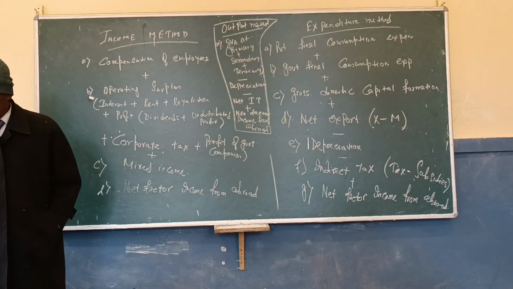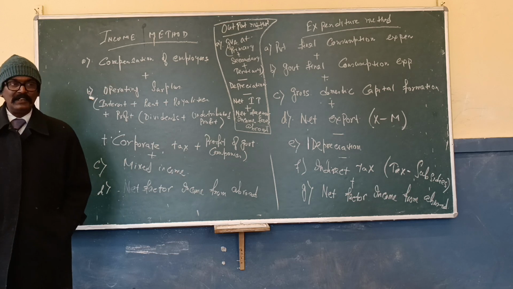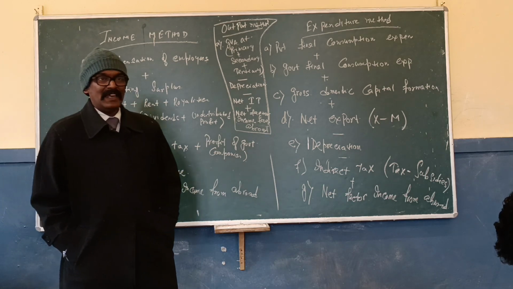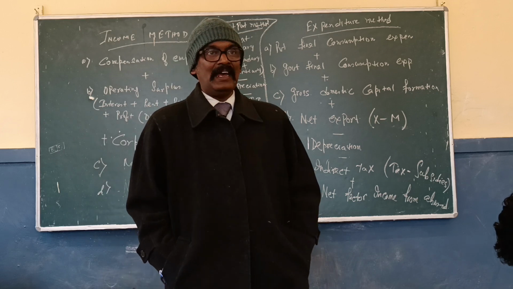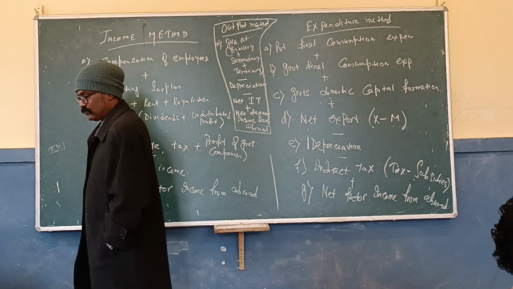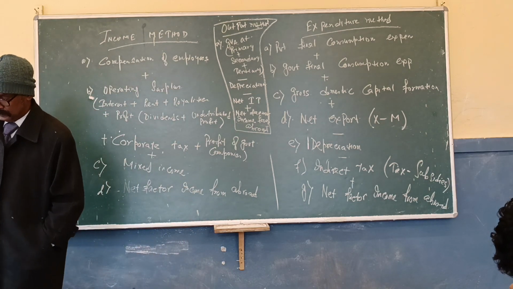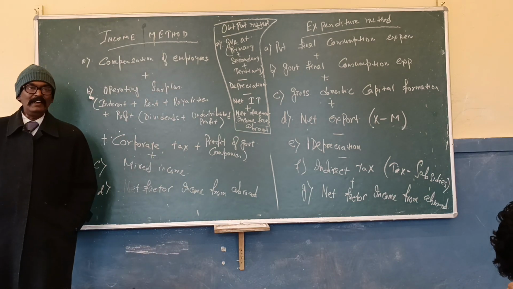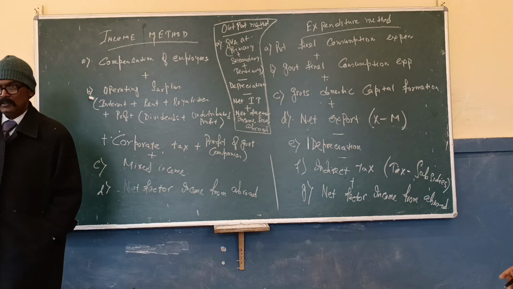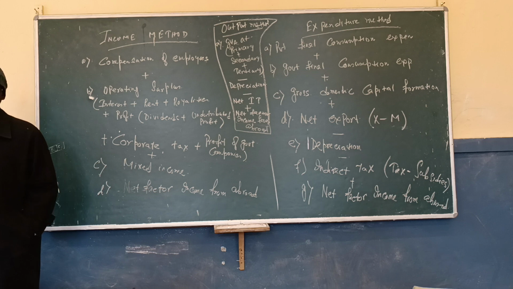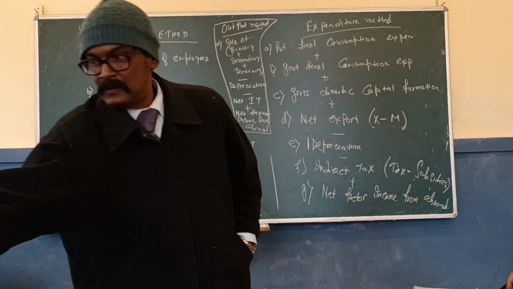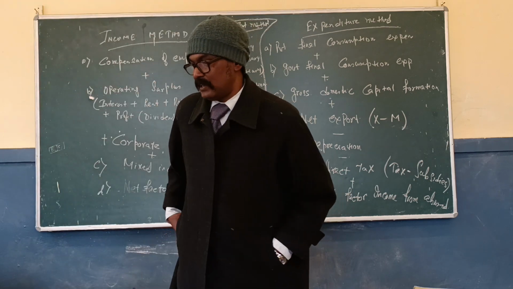Find out the national income by income and expenditure method from the given data. Number one. Write fast if you do not have a pen. Write fast. Okay, the components.